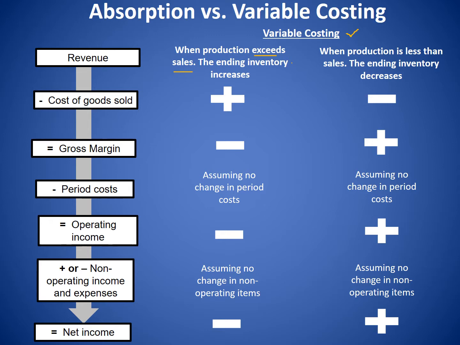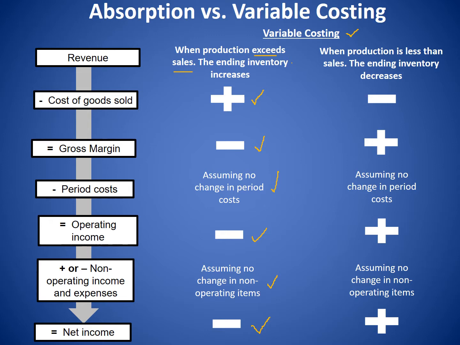Therefore, under variable costing, that will cause our cost of goods sold to also increase, which will then cause a decrease in our gross margin. Assuming no change in period cost, that will cause a decrease in our operating income. Assuming no change in non-operating items, it will cause a decrease in net income.